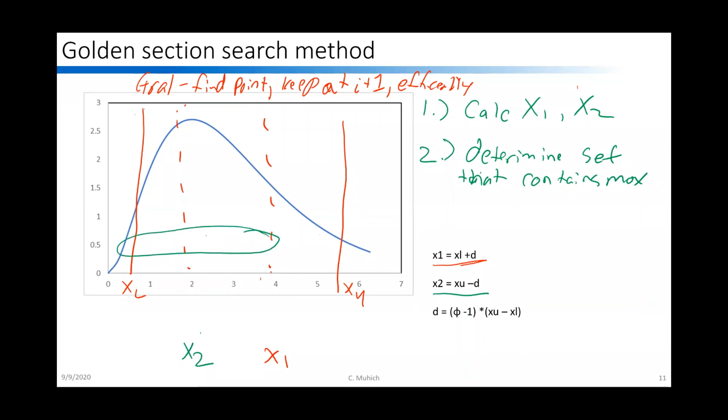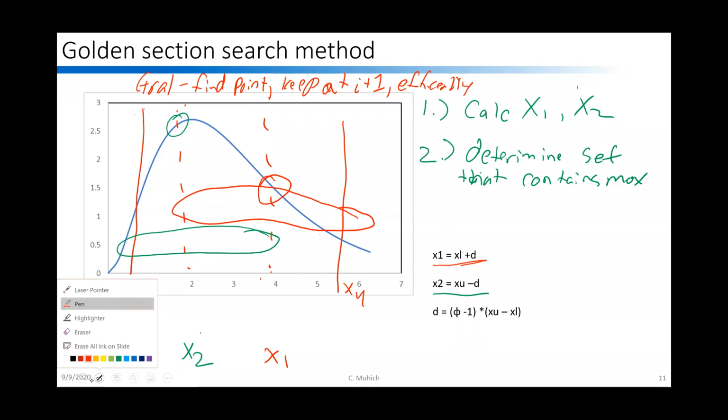This set, we can estimate the maximum from the green set by looking at that interior point. Next, we can look at the maximum for the right-hand set. Maybe we'll do this one in red. And we can estimate its maximum by the function value at x1.